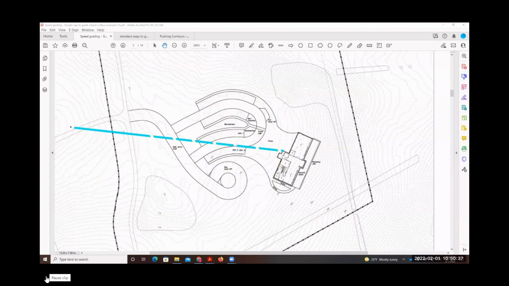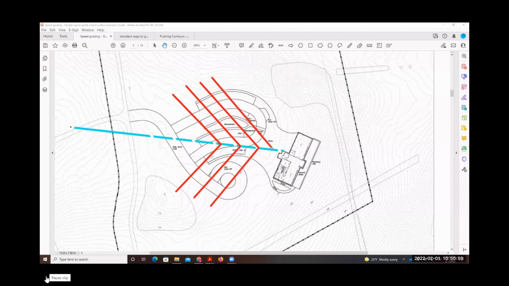What would happen if we tilted them so they ran this way? In fact, maybe we want to tilt them back even more. Maybe we want to tilt them back that far, or maybe this far. And please note, the slope does not have to match on both sides of the parking lot.